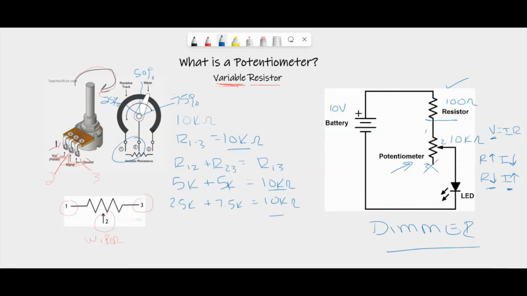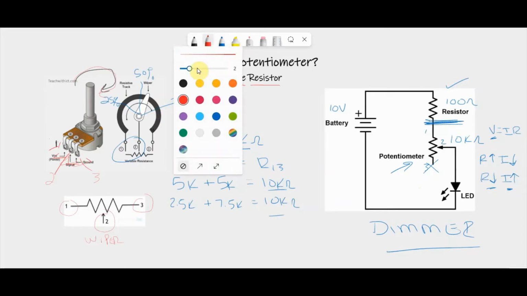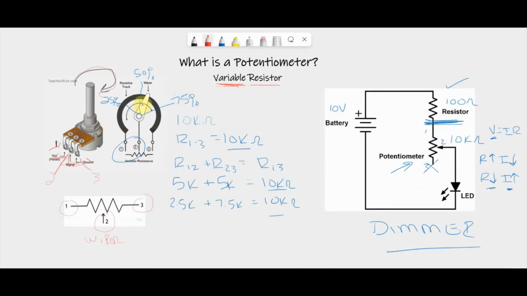Now, why do we have to have this other resistor up here? Well, in the case that we forget and we take this wiper and accidentally turn it all the way down to where our resistance is now 0 ohm. So now we've turned it so there's no resistance whatsoever.